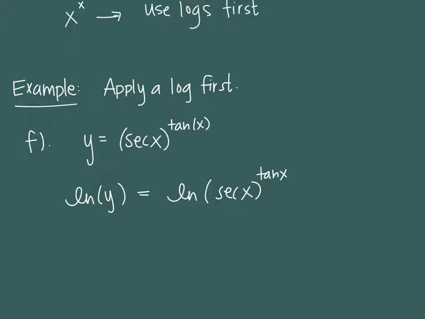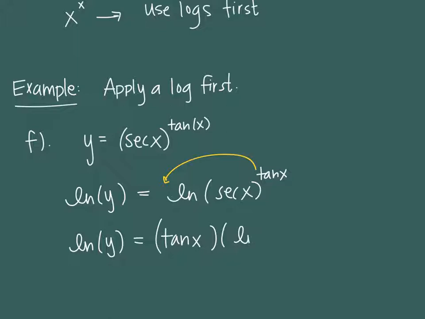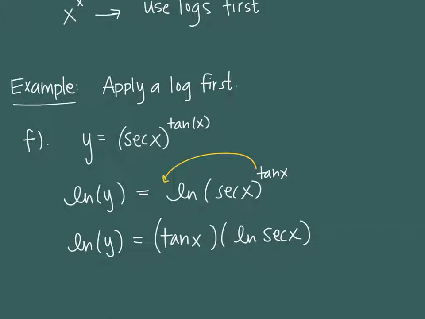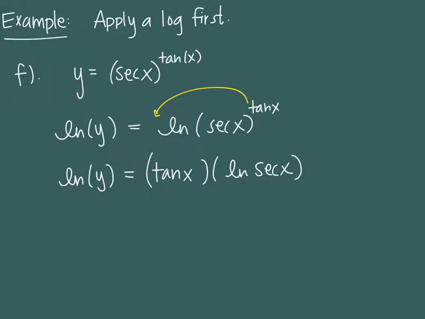Now that's not very exciting on the y side, but on the secant side, it allows you to pull the power to the front, because that's one of the rules for logarithms. And so that's going to give you the natural log of y being equal to tangent of x multiplied by the natural log of the secant of x, which then allows us to use the product rule here.